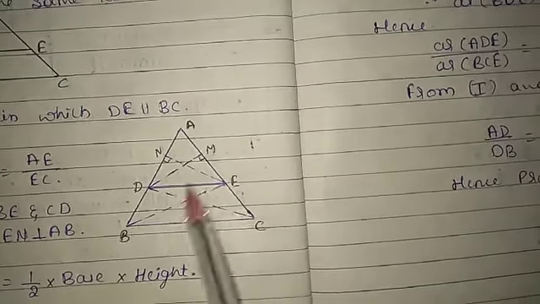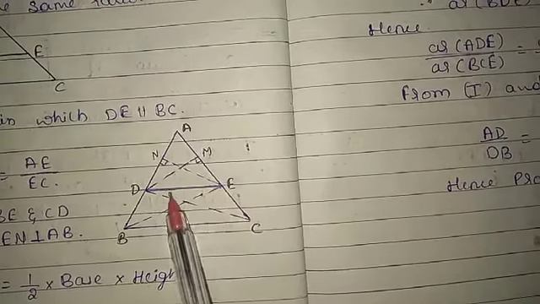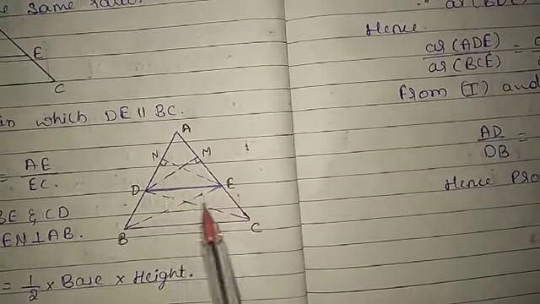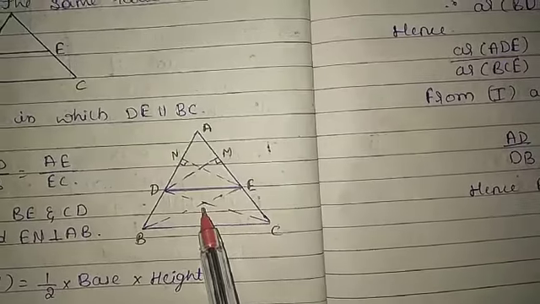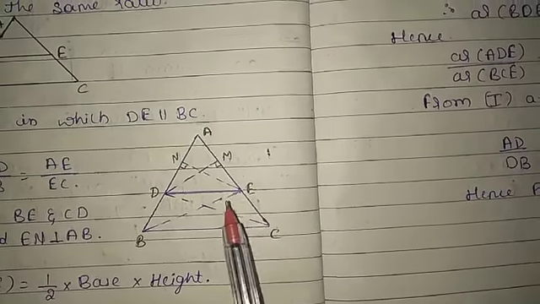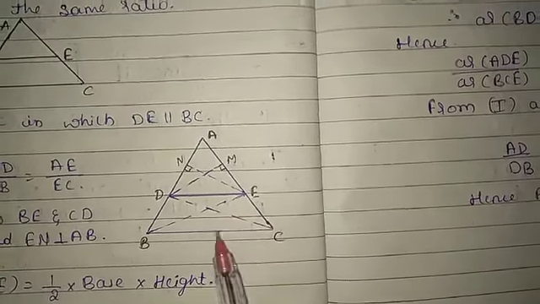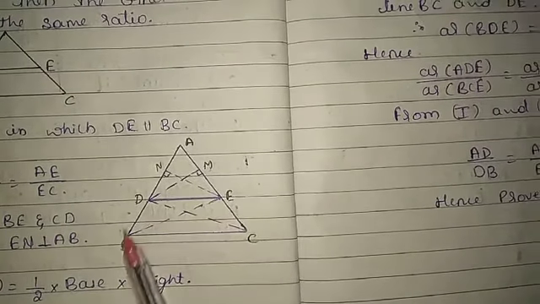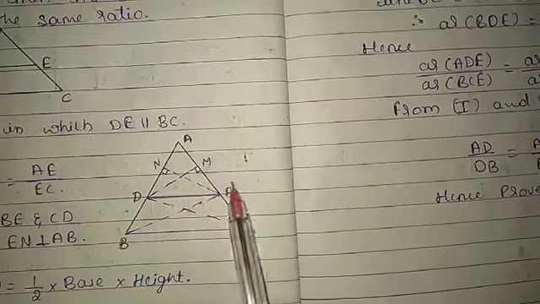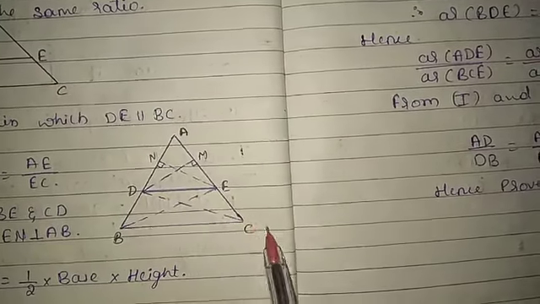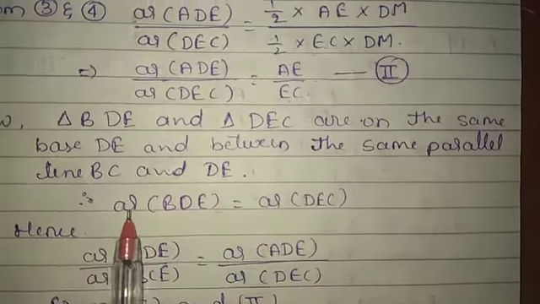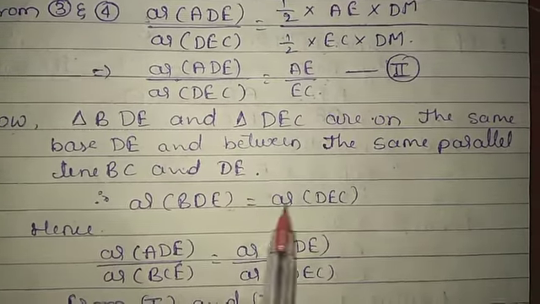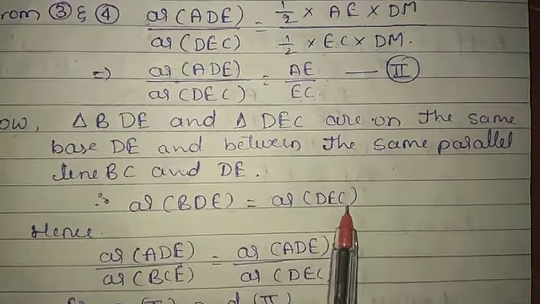Triangles on the same base and between the same parallel lines have equal areas. That is the theorem. Using that, we can say triangle BDE is equal to triangle DEC. Therefore area of BDE is equal to area of DEC.